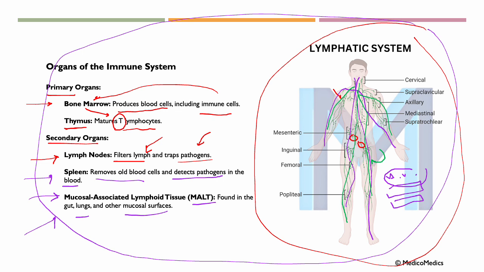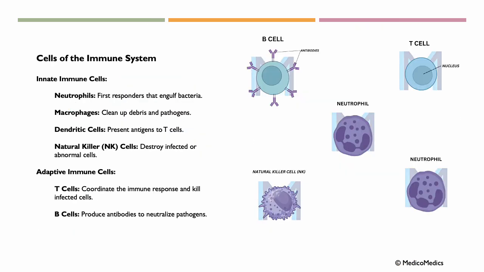So you can think of the immune organs as different factories and different checkpoints where our soldiers, quote unquote, our immune cells, are made and trained. Now, moving on, let's briefly mention some cells of the immune system.